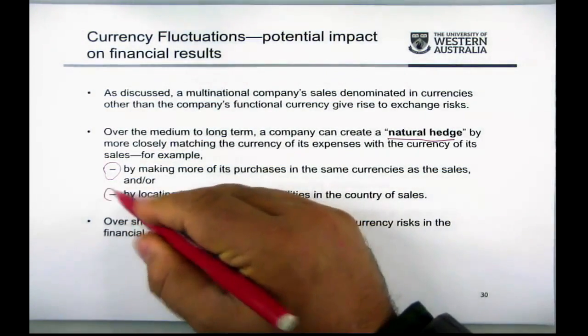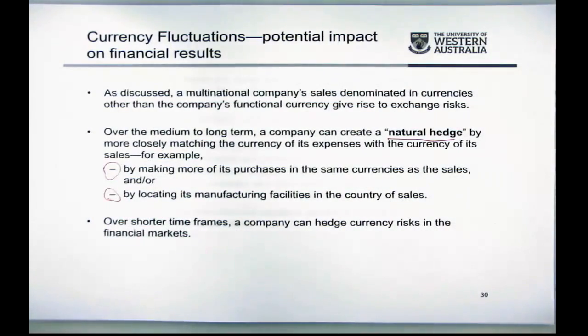The second option or method is relocating your business to the country in which most of your business or most of the cash flows are coming from. Okay? For example, if you are located in Australia and most of your sales are to customers in China, the question is, what are you doing here?